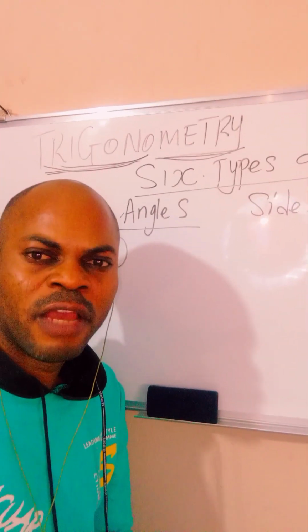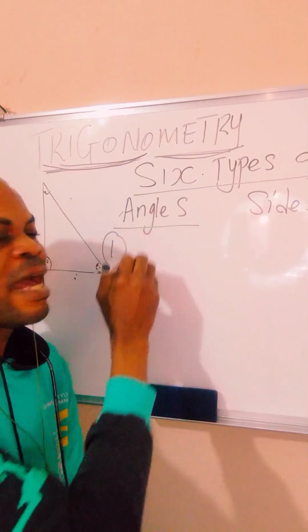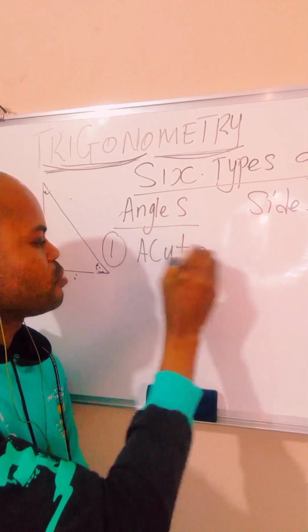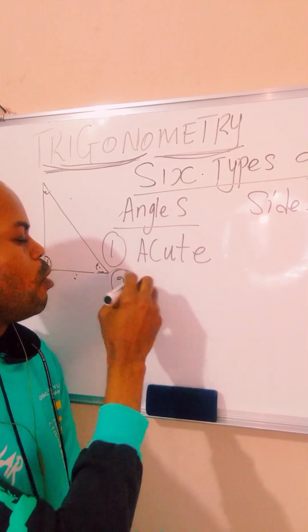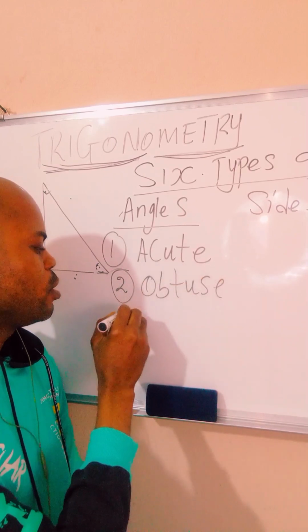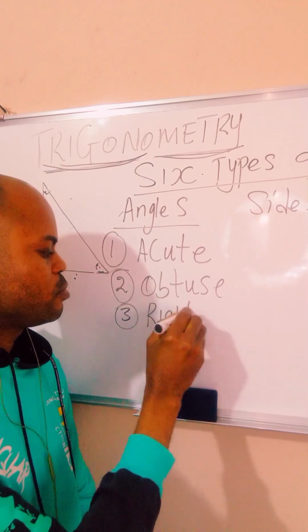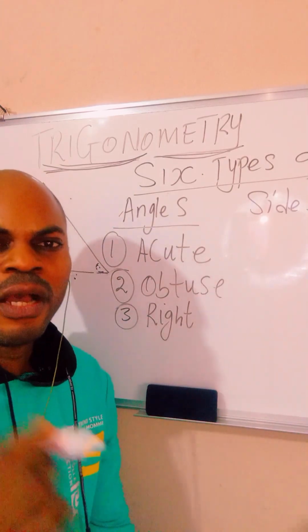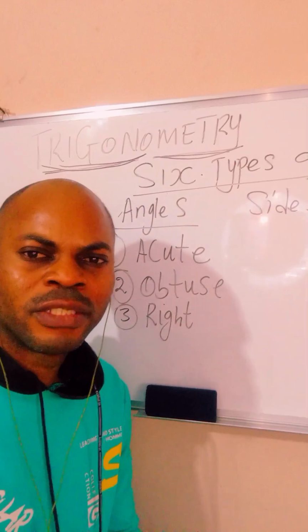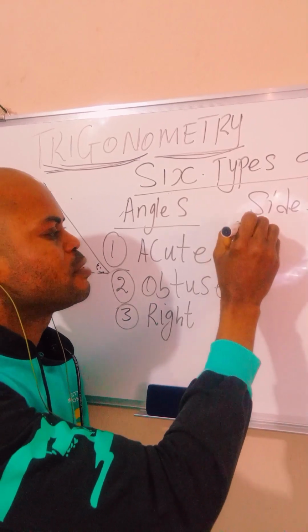If we classify triangles based on the angles they possess, we're going to be having number one, the acute triangle. Number two, the obtuse triangle. Number three, the right angle triangle. So first and foremost, what is an acute triangle? An acute triangle is a triangle that has none of its angles up to 90.